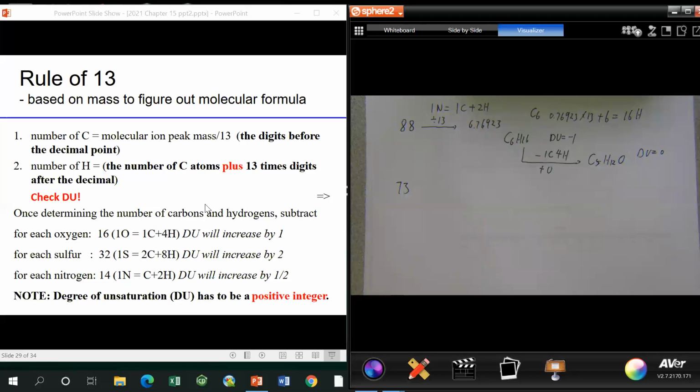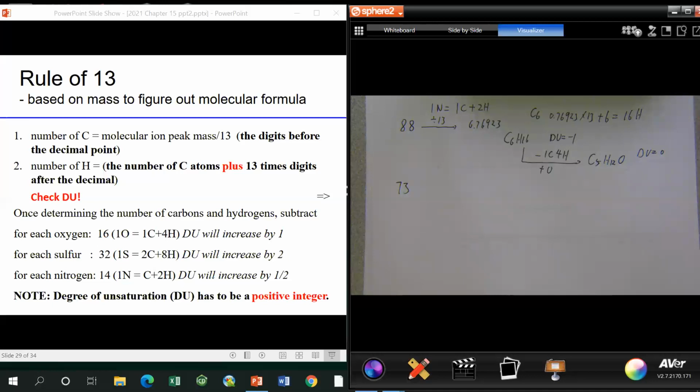The formula is right, C5H13, but the DU is not right. So what's the DU number? Do it again. Yeah, that's right, 0.5, but that doesn't make sense.